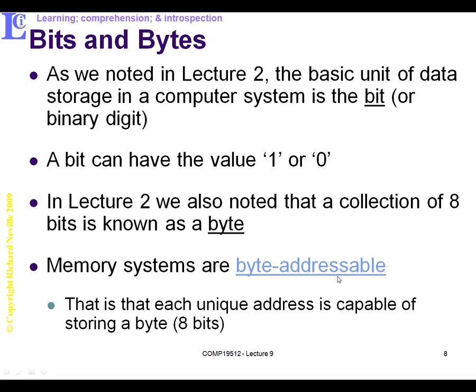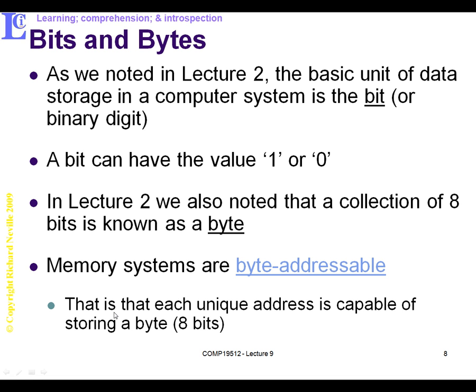It means that address for a particular memory addresses a byte of information. Okay, so the memory systems are normally, and this is based on some of the very first memories that developed, byte addressable.